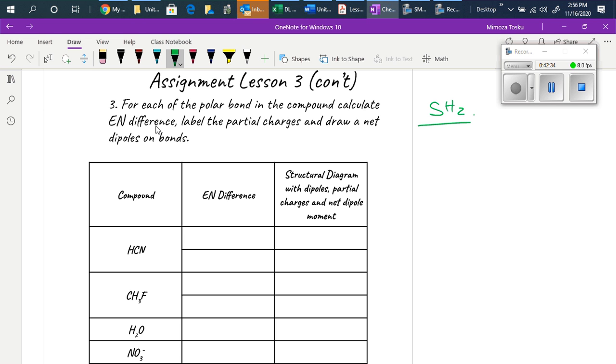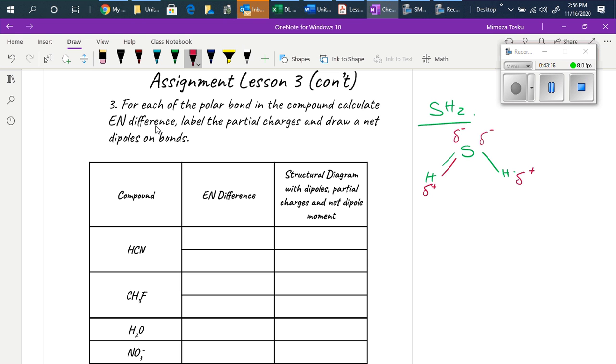Okay, the structural diagram for SH2 will be S here, and then we'll have hydrogen, hydrogen. Now when we look at the electronegativity difference between sulfur and hydrogen, we'll have 0.4. So 0.4 means that the electrons are pulled toward the sulfur, so sulfur will become slightly negatively charged, leaving the hydrogen positively charged.